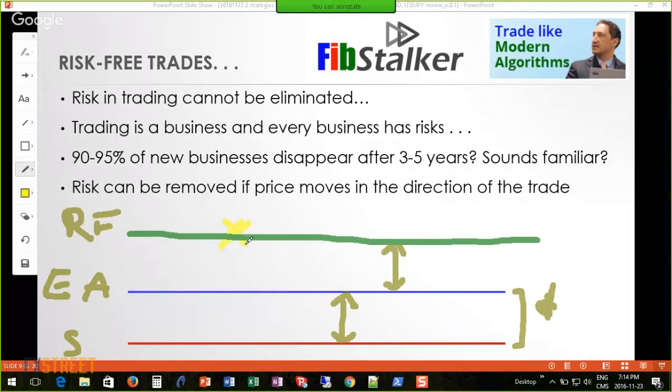Why risk-free? Because if we behave in a certain way when price gets into this level, so it goes to our advantage and gets into this level, then we can generate what I call a risk-free trade, or conditions to be risk-free. How do we become risk-free?